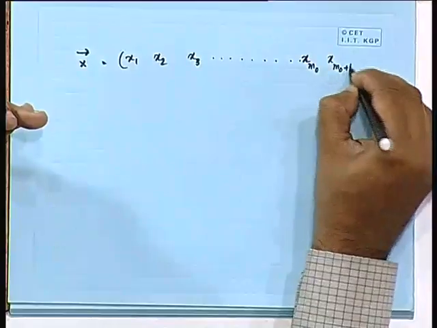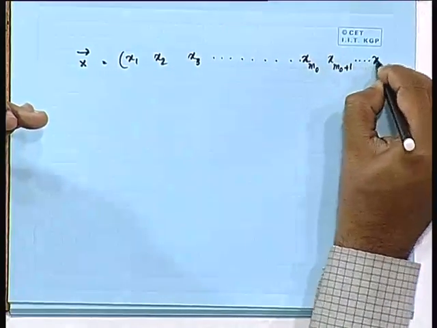But given an m-dimensional data set, let us say the x vector's composition is x1, x2, x3 all the way up to xm0, then xm0 plus 1, etc., up to xm.